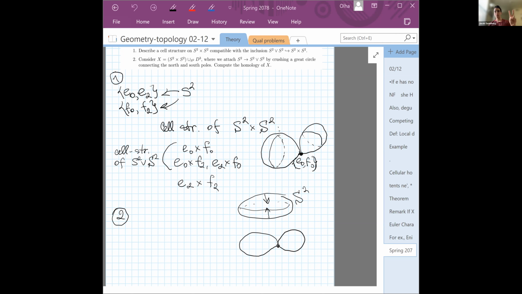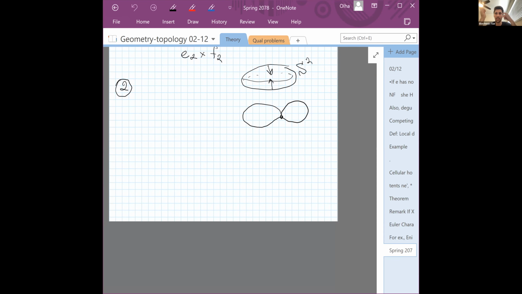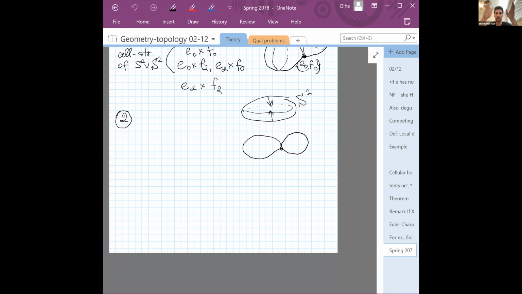And even if you add the 3 cell, the attaching map from the 4 cell to the 3 cell seems trivial, because the image is just landing in the 2 cell or something. Yeah, that's exactly right. The 4 cell is not attaching to the 3 cell, so that degree will be 0. Let me start writing down stuff.